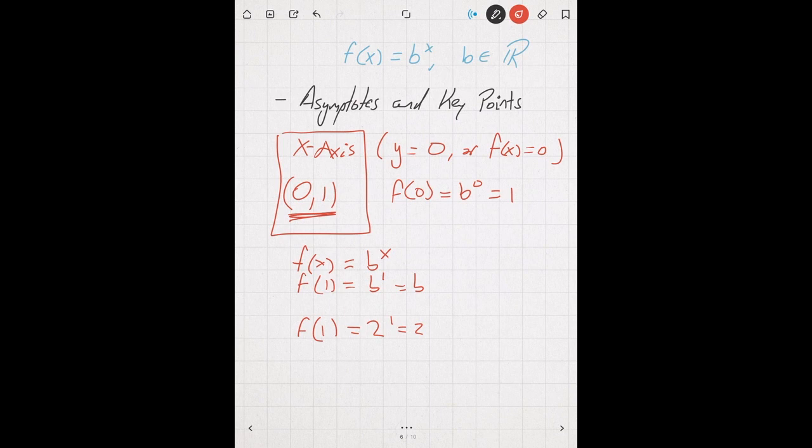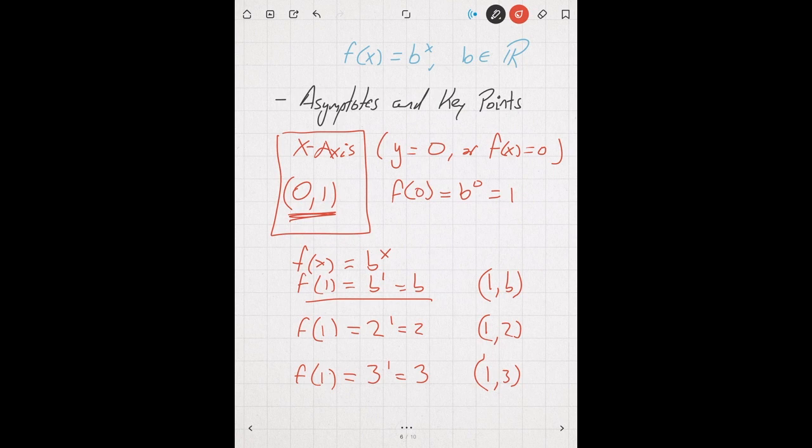And if I had f(x) equaling 3 to the x power and plugged in a 1 for x, we're going to end up with a 3. So as coordinate points, when x is 1, the output is 2, and when x is 1, the output is 3. For our standard example, when x is 1, the output appears to always be b. Whenever you plug 1 in for x, you always get out the b value.